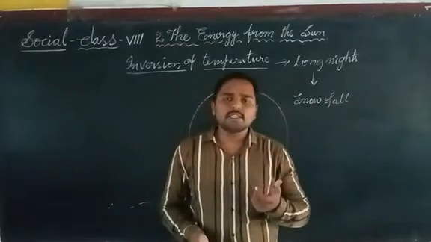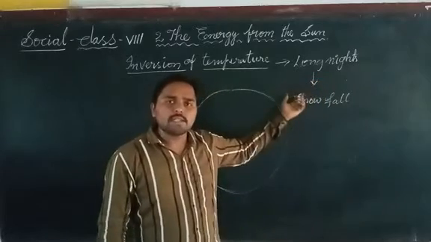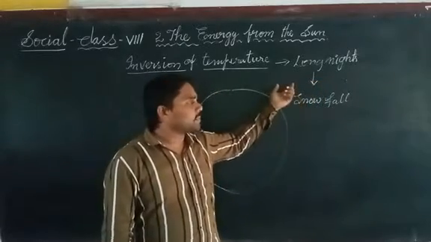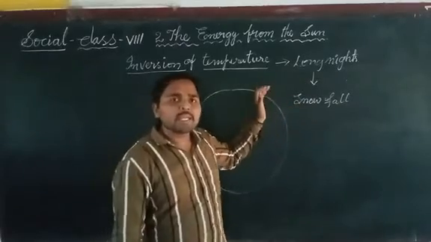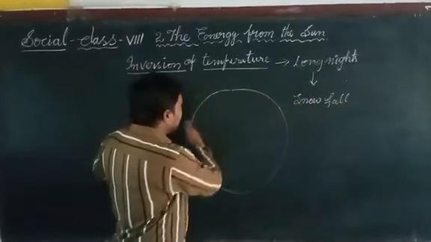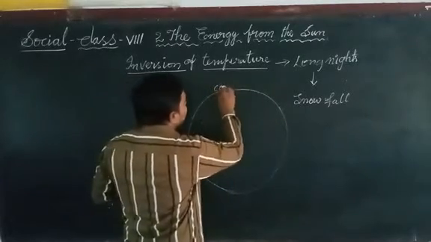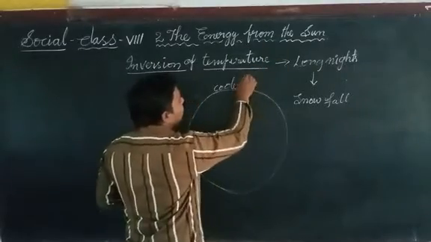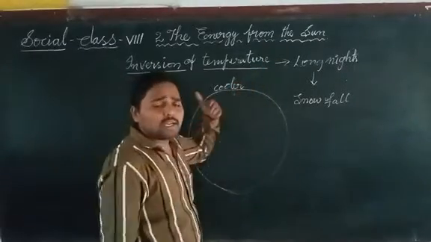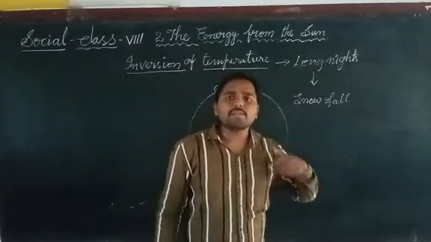Winter seasons have very long nights, and in these nights the snowfall also occurs. That's why the surface nearer to the earth is much cooler than the atmosphere which is far away from the earth.